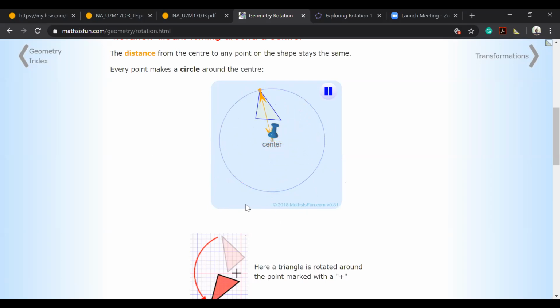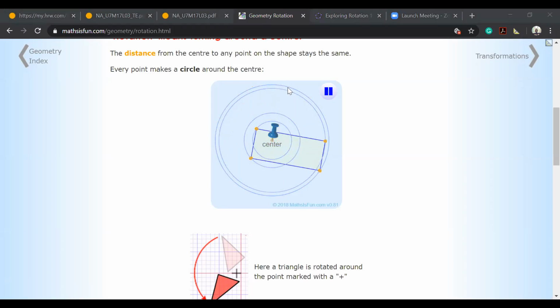But for other examples, you can rotate by any degree you want: 180 degrees, 90 degrees, 70 degrees, 270 degrees, 360 degrees. So for any rotation, there are always three main points that you need to understand or find.